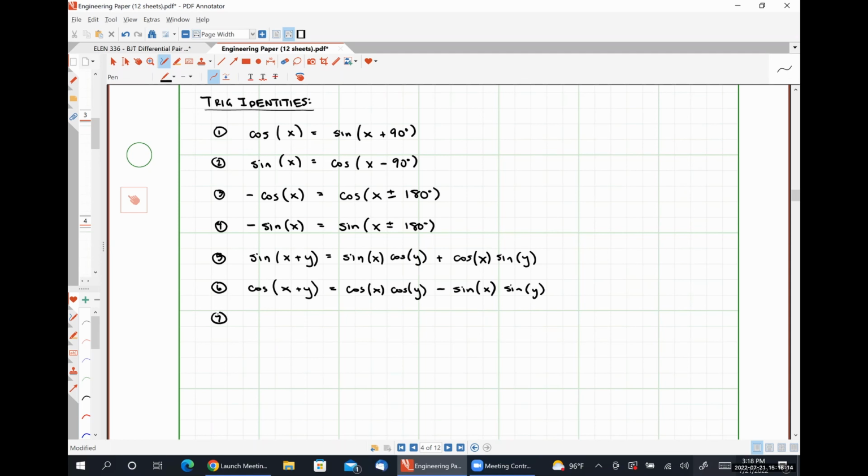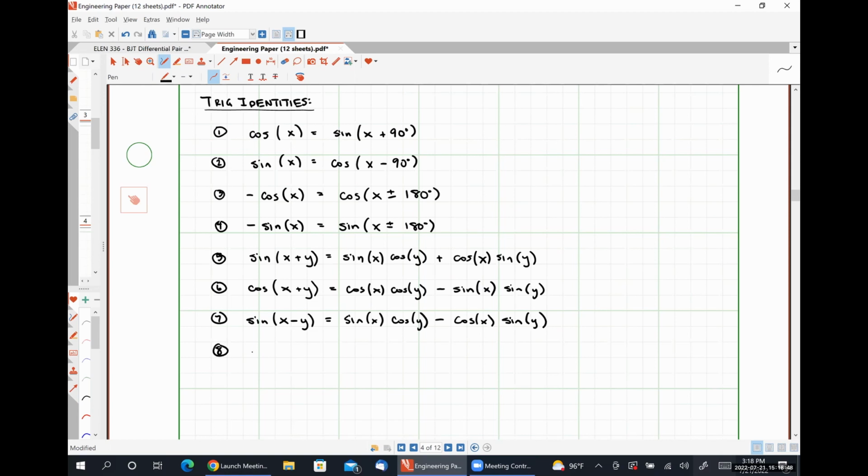Our seventh identity is sine x minus y is equal to sine x cosine y minus cosine x sine y.